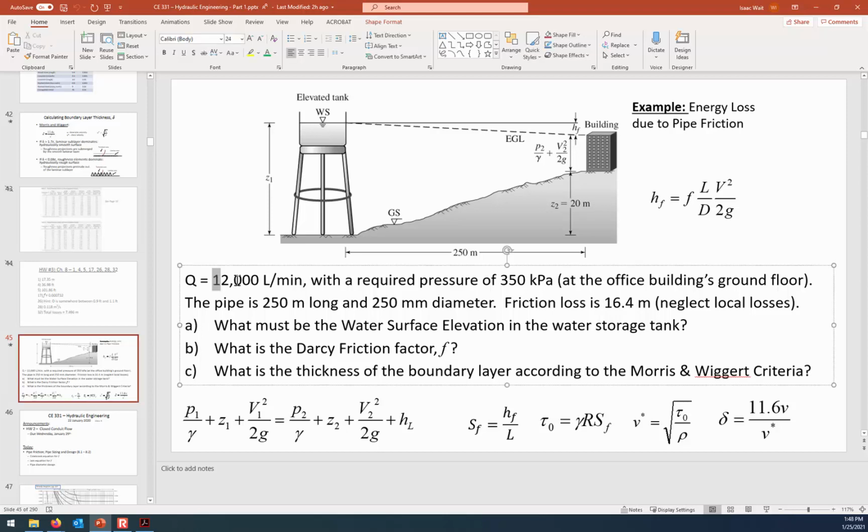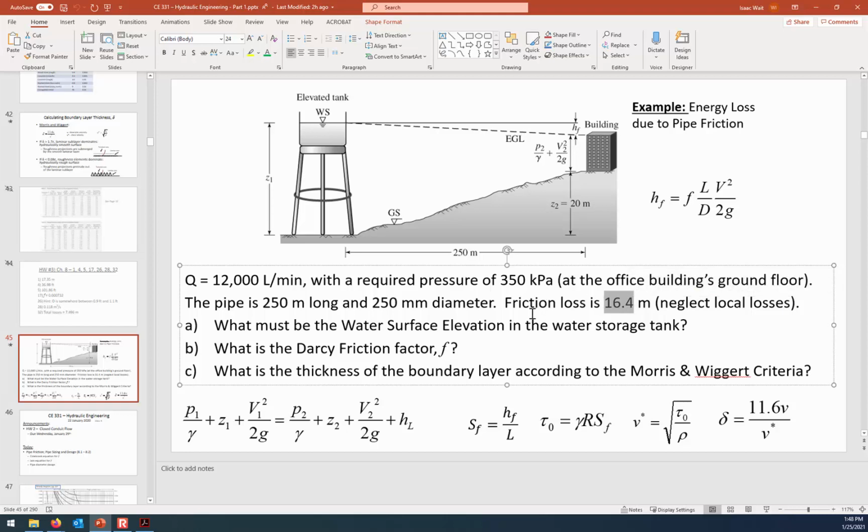If we wanted to put a different Q through here, or find a different pressure downstream, we'd be able to calculate the specific F value that arises for those new circumstances.